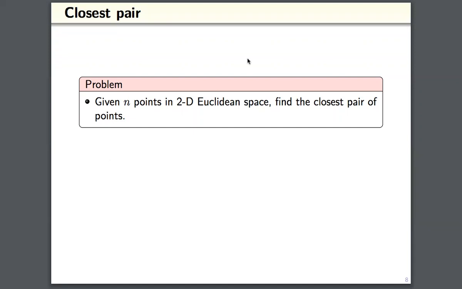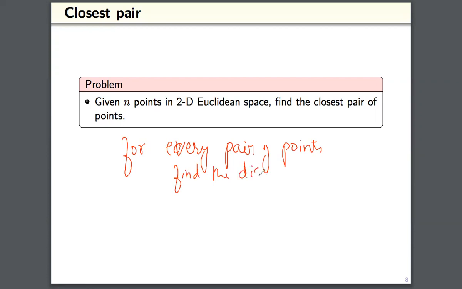Go through each point and find the distance to every other point and compare them. Exactly. Or you can just say for every pair of points, find the distance, and you find the min distance among all these distances, right?